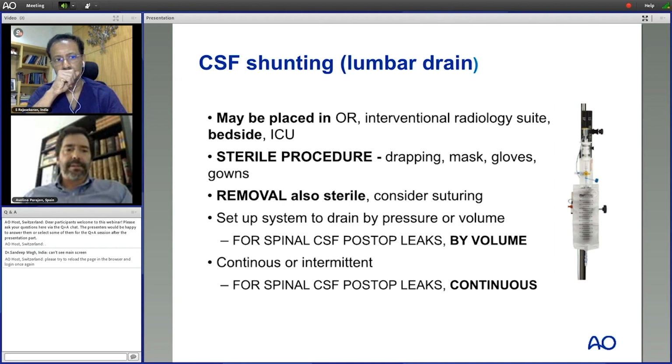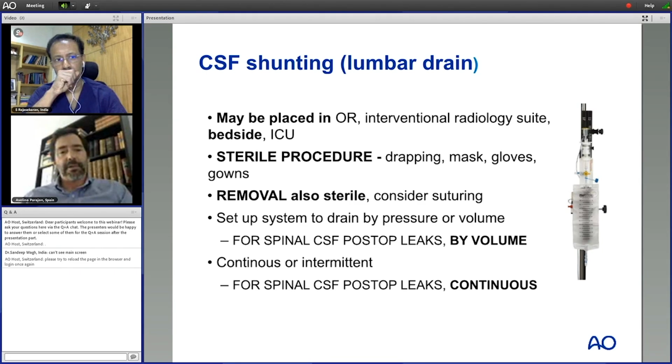And you can set up the system to drain by volume or by pressure. Usually we use by pressure when we are dealing with hydrocephalus, but for spinal CSF leaks, we should drain by volume, as much volume as we can or as the patient tolerates, and we will see something about that.